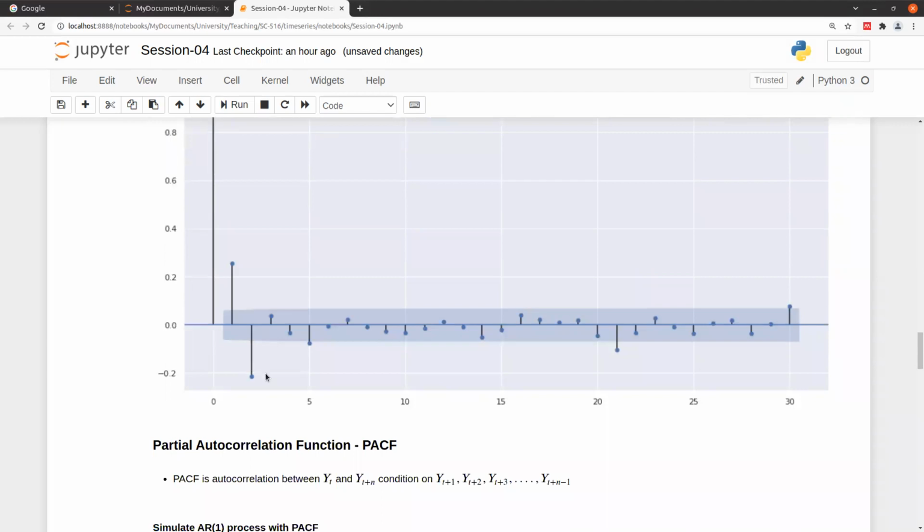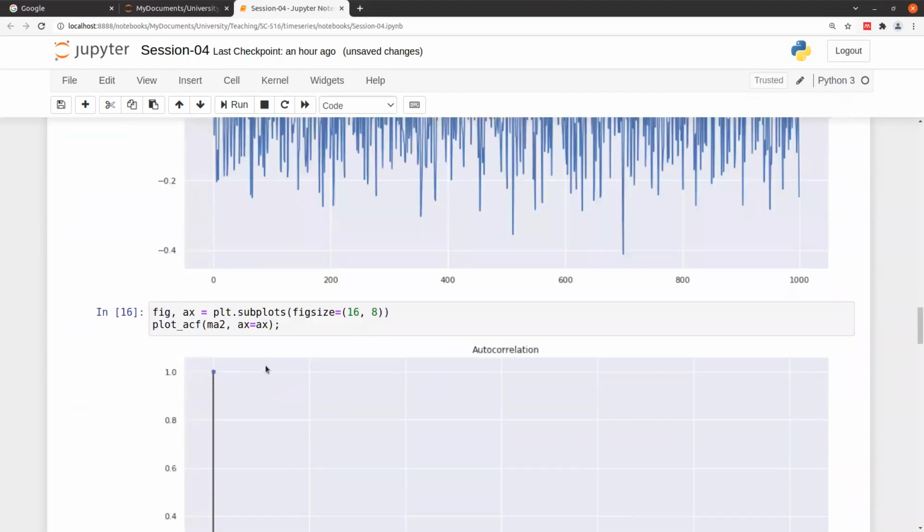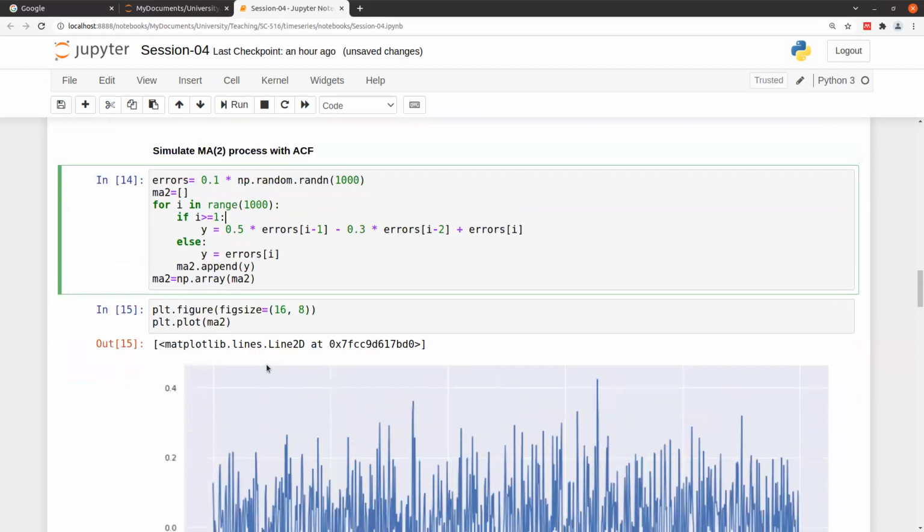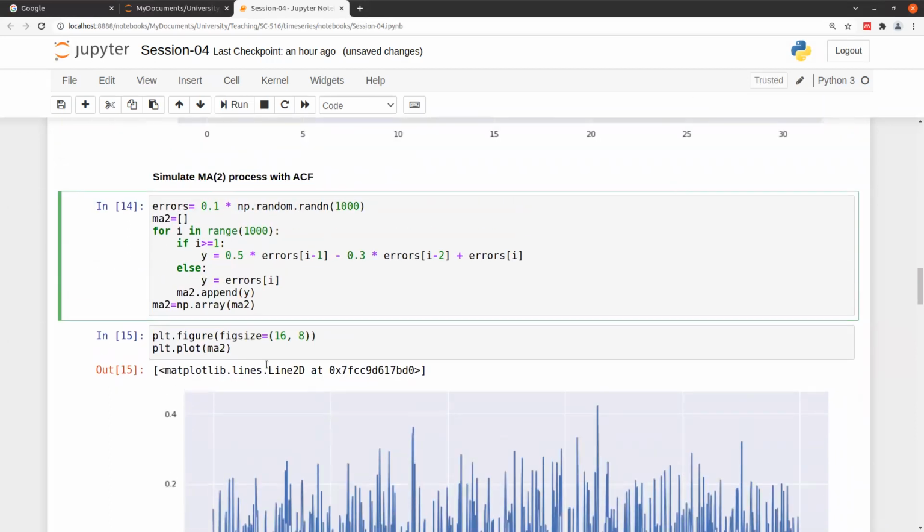At lag 2, it identified this is an MA process with order 2. Then the Q parameter is 2. It's clear enough that the ACF function clearly identifies the correct lag, the correct Q value, right?